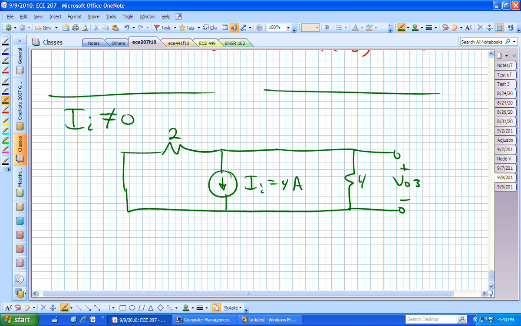Do I draw meshes? You would have to do 2 meshes if you did meshes, right? You go, wait a minute. If I draw 2 meshes, I don't know the drop across that current source, do I? Darn it. So what else could I do?